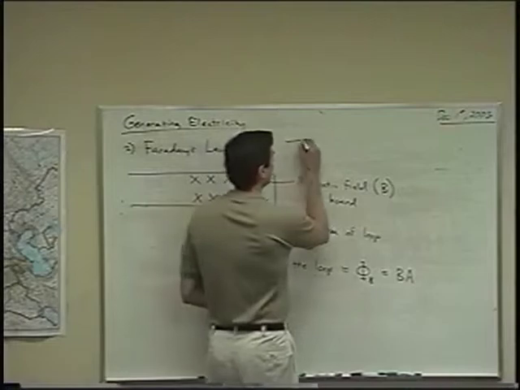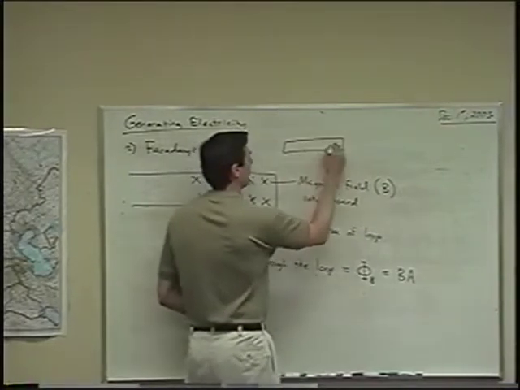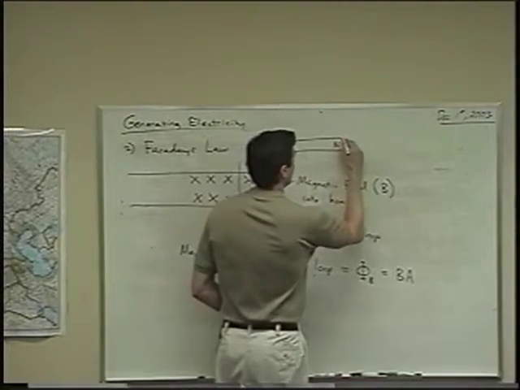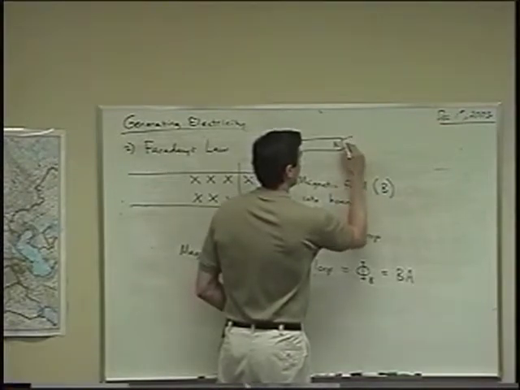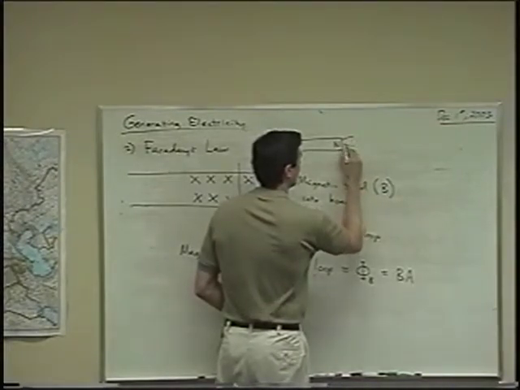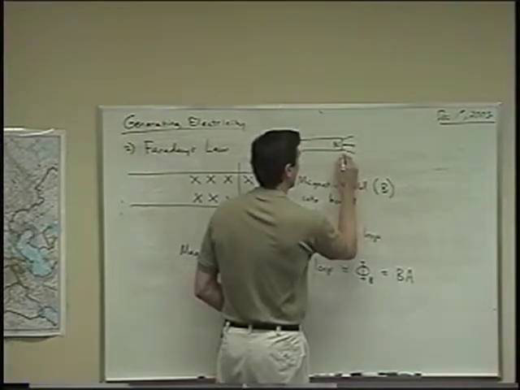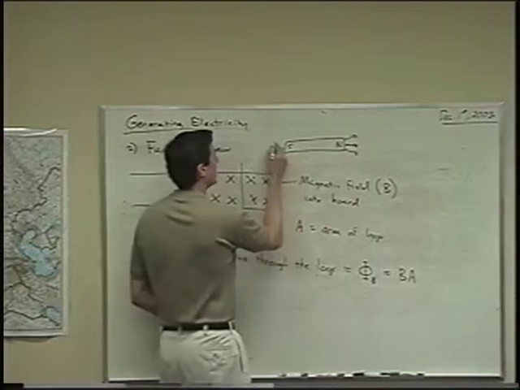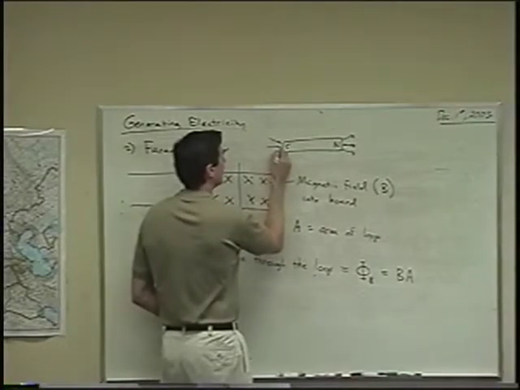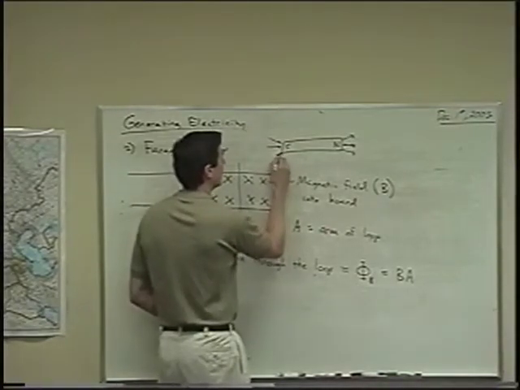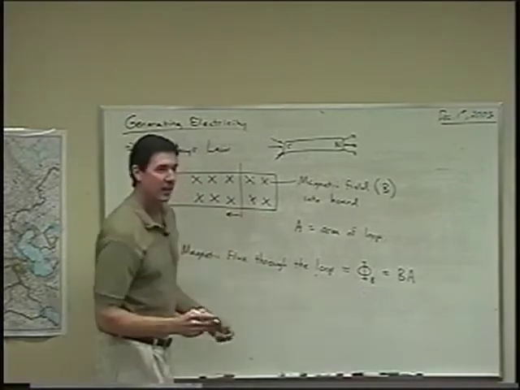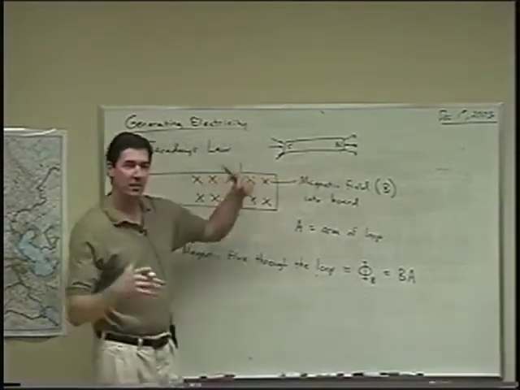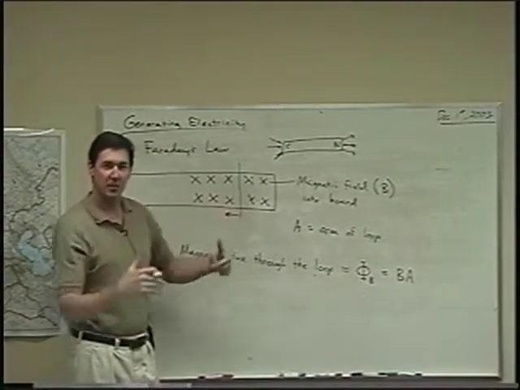If you have a bar magnet, North Pole, South Pole, the magnetic field lines go out from the North Pole and into the South Pole. And he always thought in terms of these magnetic field lines.